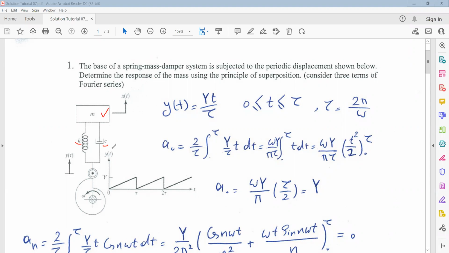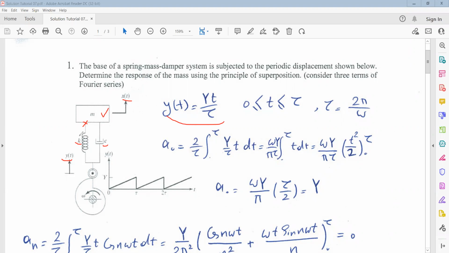The spring and damper have two movable edges. Here you can see one edge moves with x(t) and the other one moves with y(t), which is this periodic function.